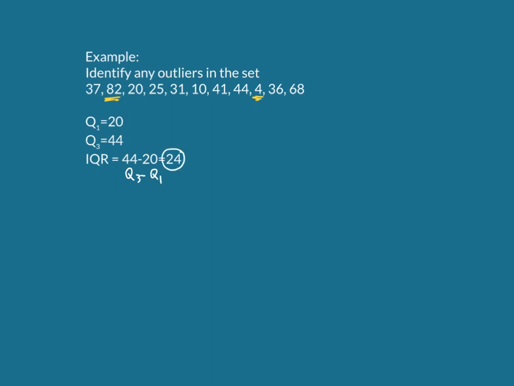So now I want to compute Q1 minus 1.5 times the IQR. So that's going to be 20 minus 1.5 times 24. And that value is negative 16, sorry, negative 16, because this ends up being 20 minus 36, so negative 16.